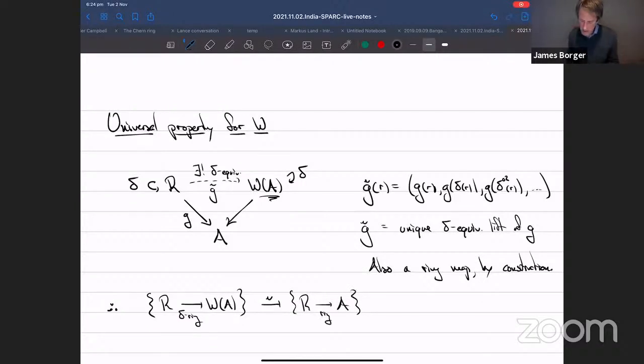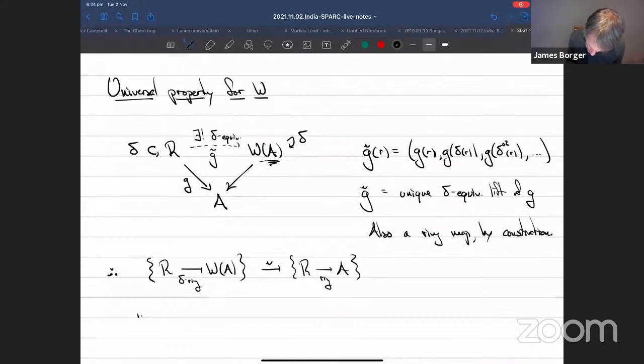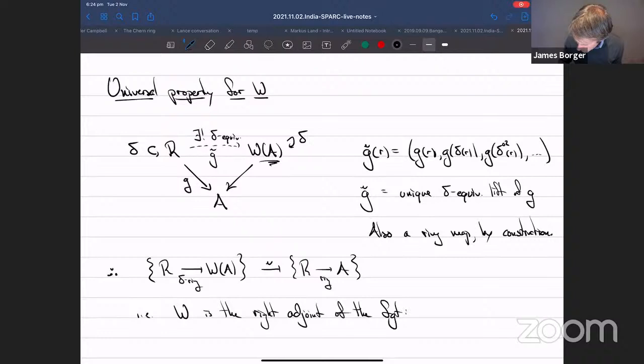So we have a bijection, and that just means, i.e., W is the right adjoint of the forgetful functor of delta rings. So that's the universal property.